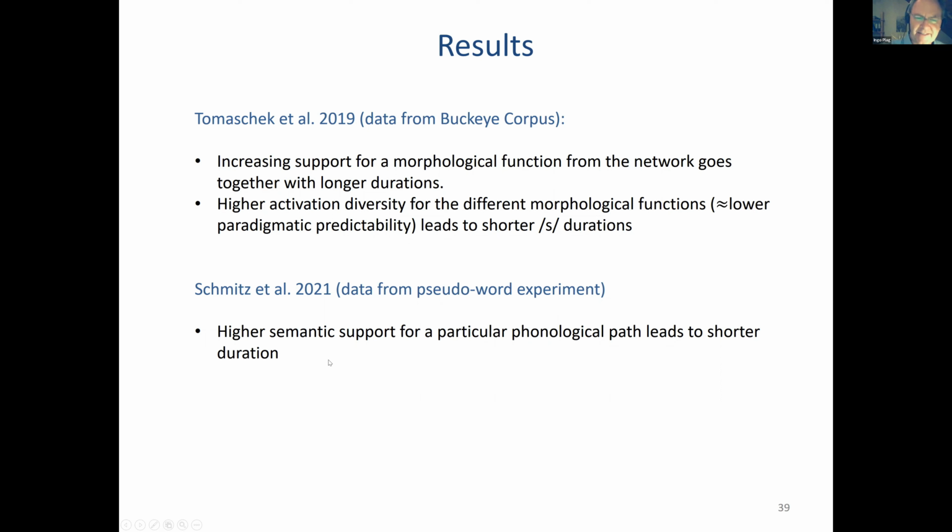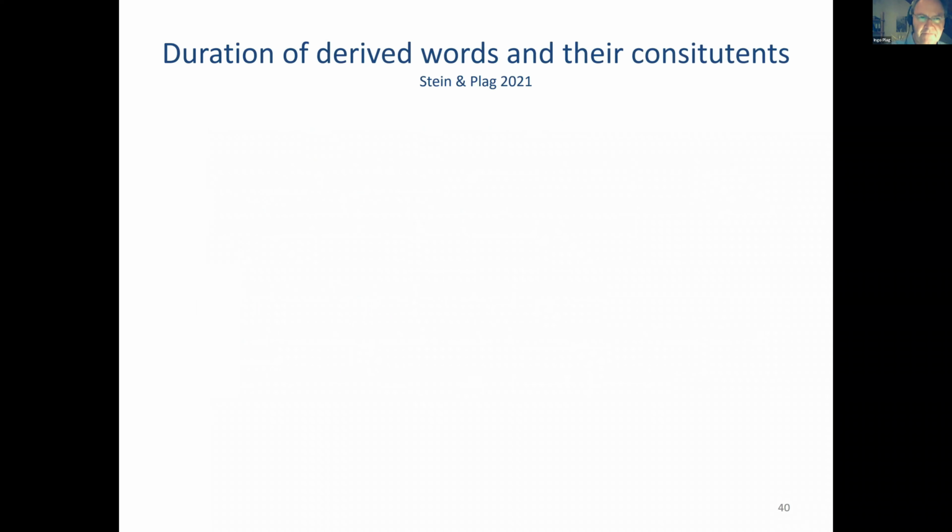So if the semantics picks out straightforwardly a particular phonological path, then you articulate it faster. Higher semantic activation diversity, again, leads to shorter S durations. So if many different words are activated at the same time, this goes together with shorter S durations.